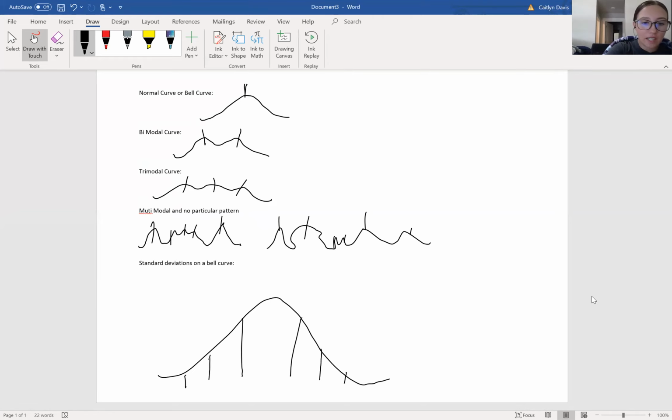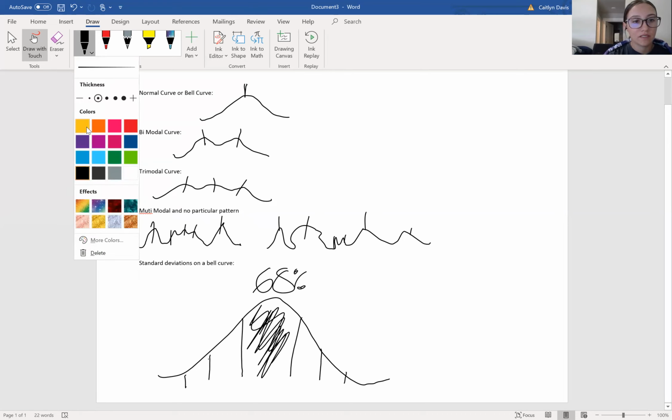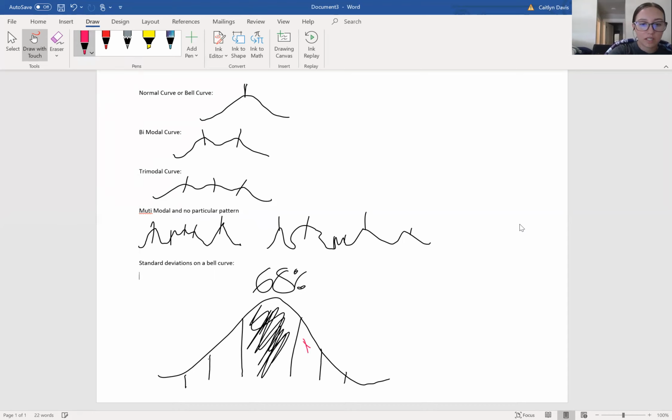This area right here should be about 68% of the population. Then I'm going to pick a different color, and in this shaded area, all of that should equal 95% of the population.